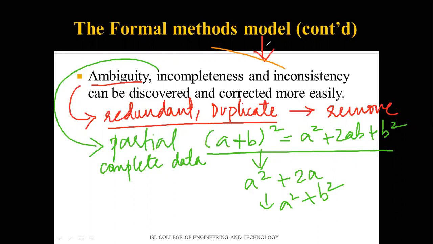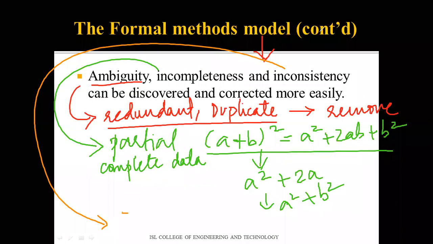Now the next one is inconsistency. Now what is inconsistency? Inconsistencies within your data. In here it means that it keeps on changing. It is not the same every time you run.